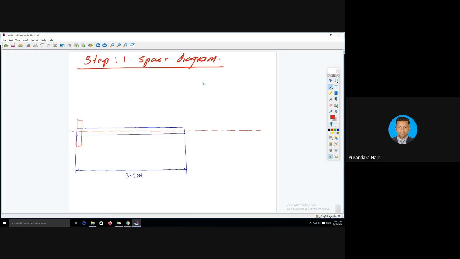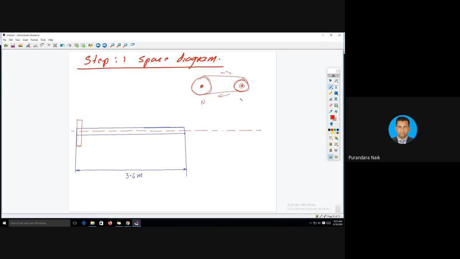So this is a pulley. We have a shaft here. If you want to transfer the power from one shaft to another shaft, we are going to use pulleys, by means of a rope drive or belt drive, or you can use chain drives also. But the thing is, you can use a pulley to change the speed.